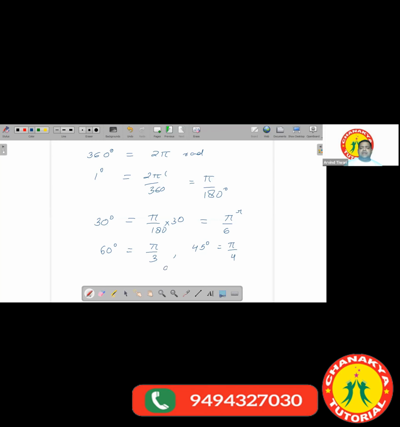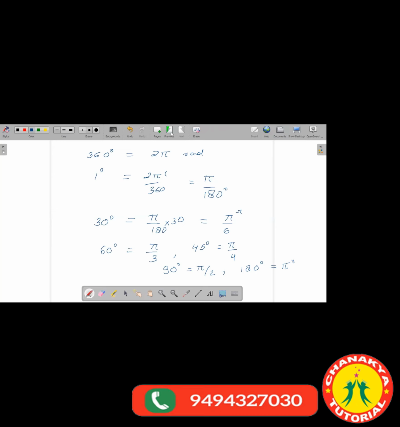Similarly, you get 90 degree, and that 90 degree would be equal to pi by 2. Similarly, 180 degree would be equal to pi radian. So we got all the radian measurements of the angle.